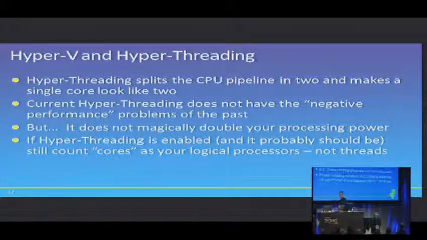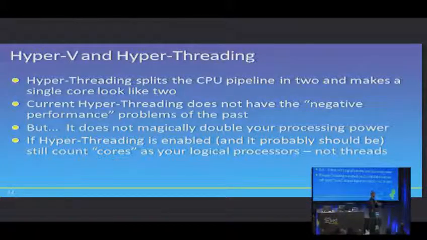So Intel learned their lesson from that. They released a couple of generations of CPUs without hyperthreading, but they have just recently started doing CPUs with hyperthreading again. There are a couple of points to make here. The first is that the new hyperthreading is not like the old hyperthreading. It doesn't have the performance issues where, if you load the system up, you get worse performance.